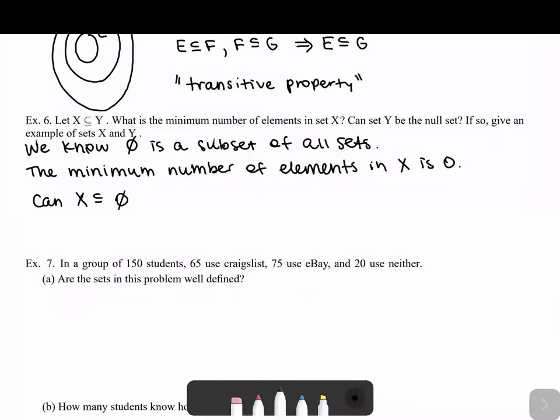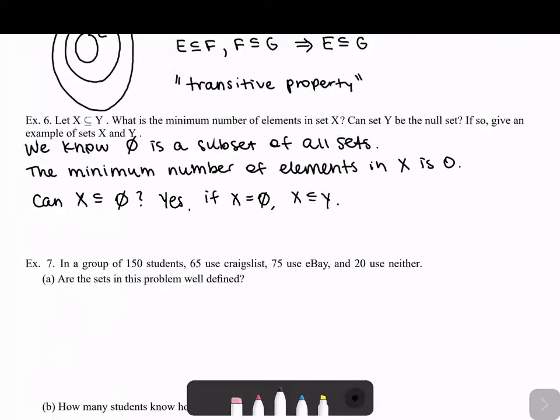Because Y, this null set, has 0 elements, X would have to have 0 elements. And so we know that, yes, if X is the empty set, then X is a subset of Y.